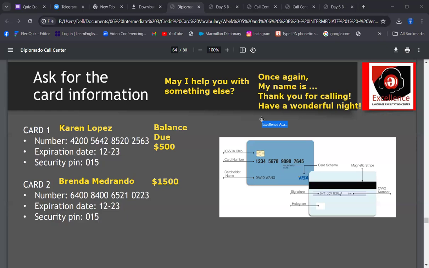And finally, to process your payment and for security, can I have your security PIN, please? Of course. It is 015. Thank you very much. Bear with me a moment. I'm going to process your payment.